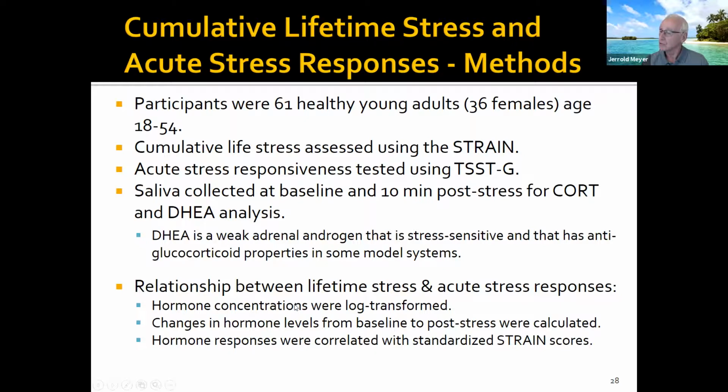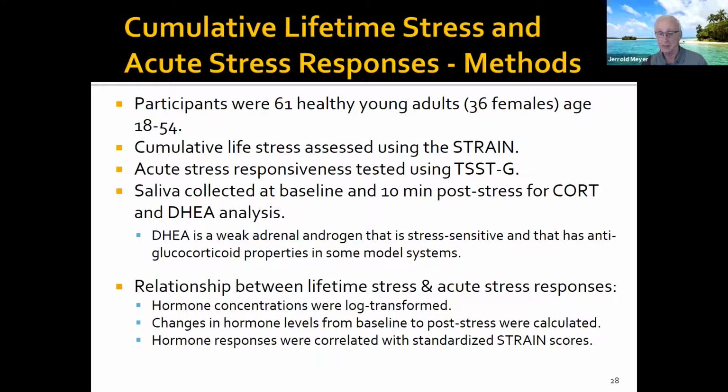And to look at the relationship between lifetime stress and acute stress response, first of all, they log transformed the hormone concentrations. It's not unusual. This is true not only for saliva, but for hair cortisol.